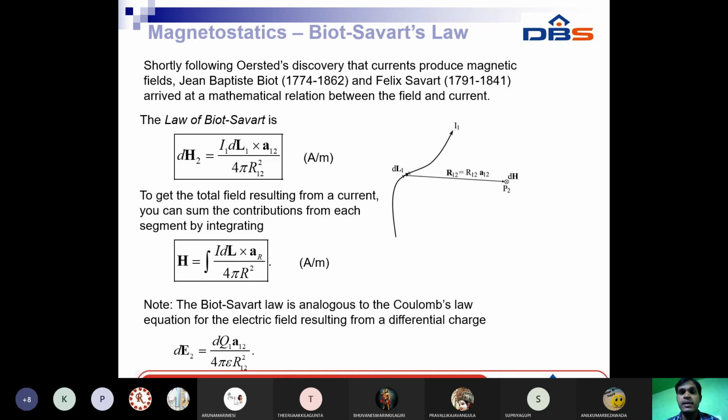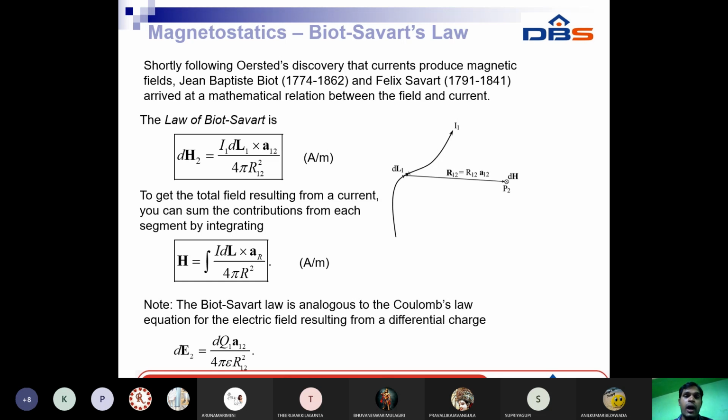One is the Biot-Savart law, the second one is Ampere's circuital law. Throughout this unit, we have to study the Biot-Savart law and its application, and Ampere's circuital law and its application. So now let us see the Biot-Savart law definition. Shortly after Oersted's discovery that the current produces magnetic fields.